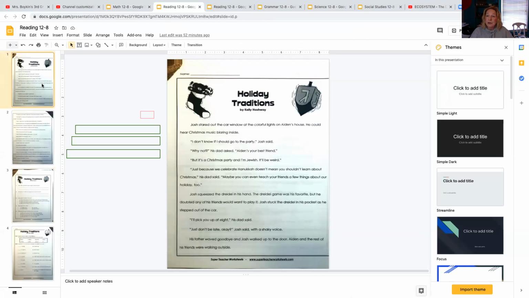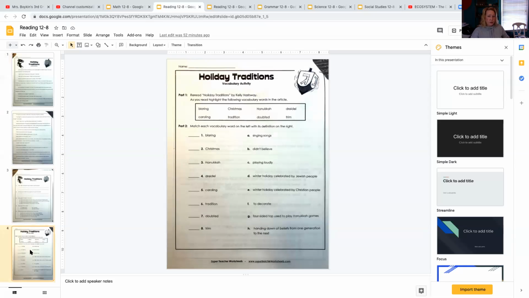at some things you can do while you are reading your story. All right. Remember, Mrs. Boykin put a highlighter in your box. You can go through and highlight things. For instance, when you go to the last page, holiday traditions, the same one that's on my screen, it's going to ask you to highlight vocabulary words as you read.